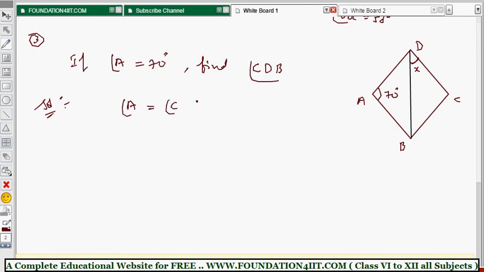Then we can say that it is equal to 70 degrees. Therefore angle C is also 70 degrees.